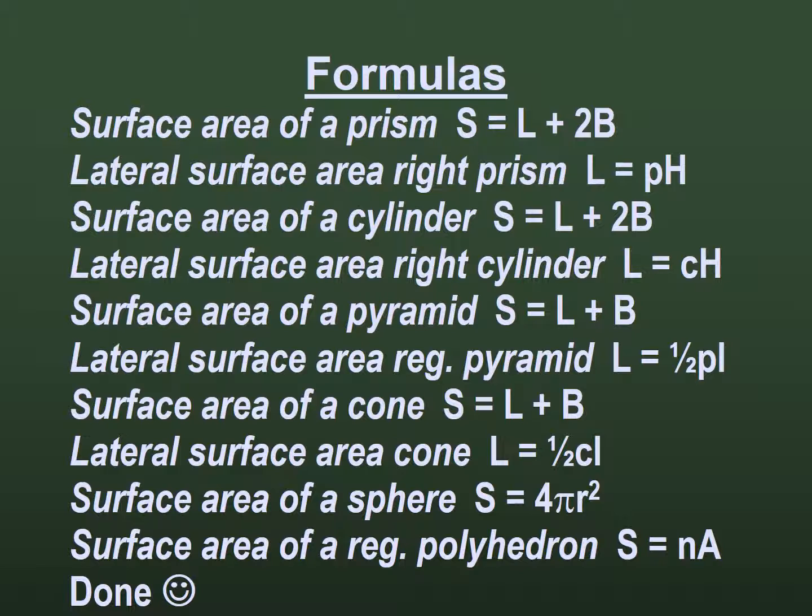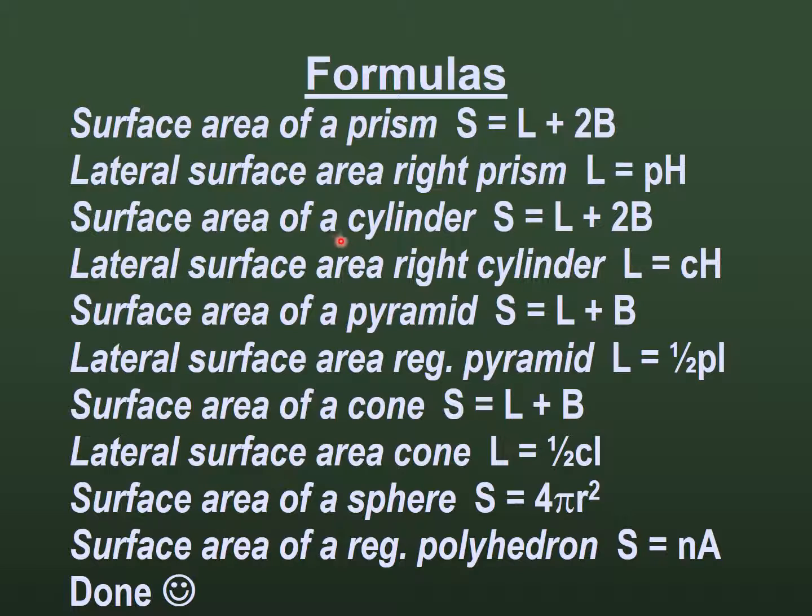And then we learned surface area. We said the surface area of a prism was equal to L plus 2b, where L was the lateral surface area and b was the area of a base. And the L we found by doing perimeter times the height.